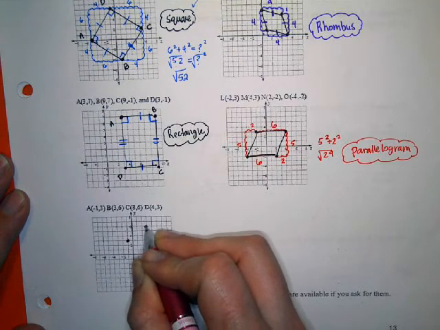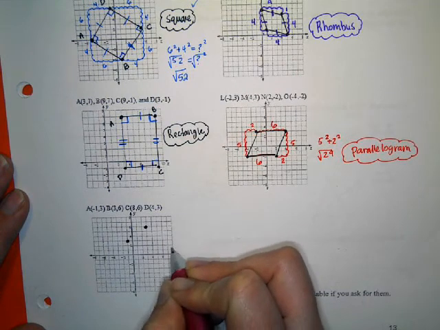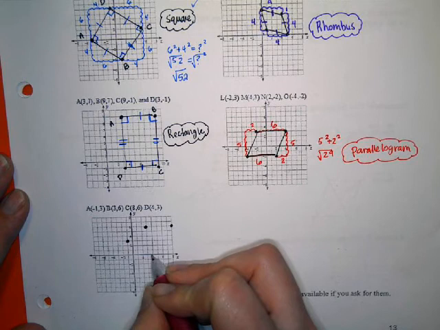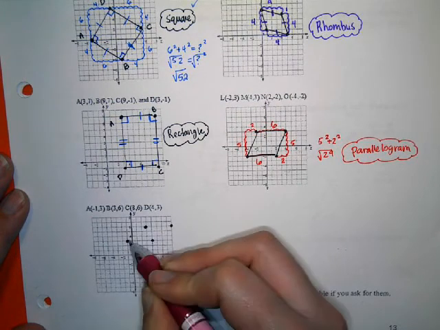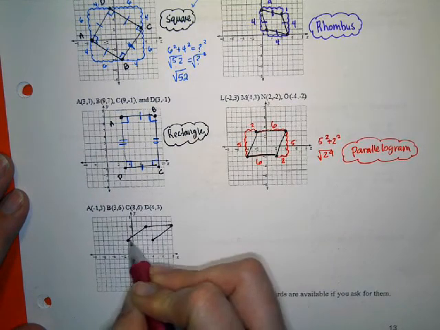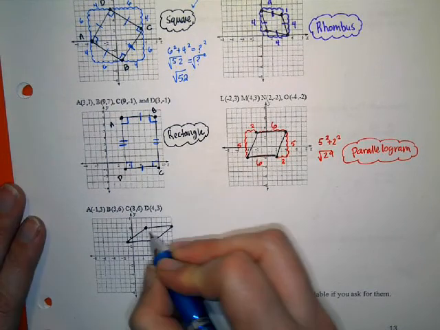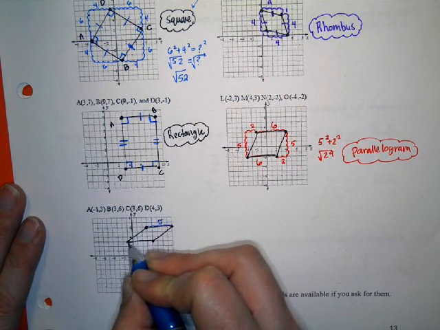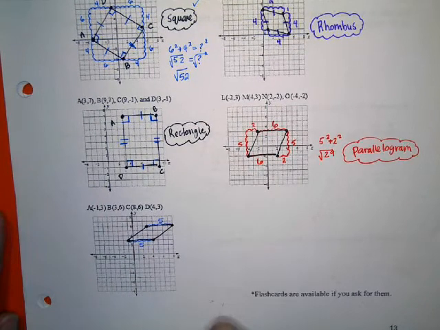-1 up 3. +3 up 6. +8 up 6. +4 up 3. One, 2, 3, 4, 5.